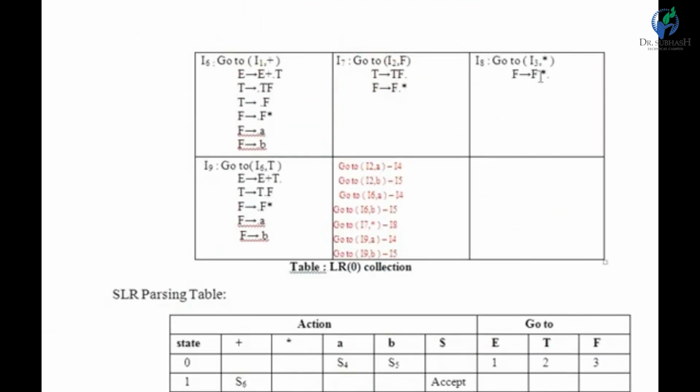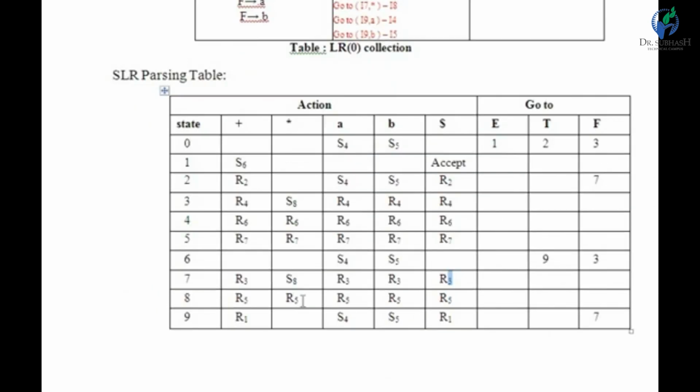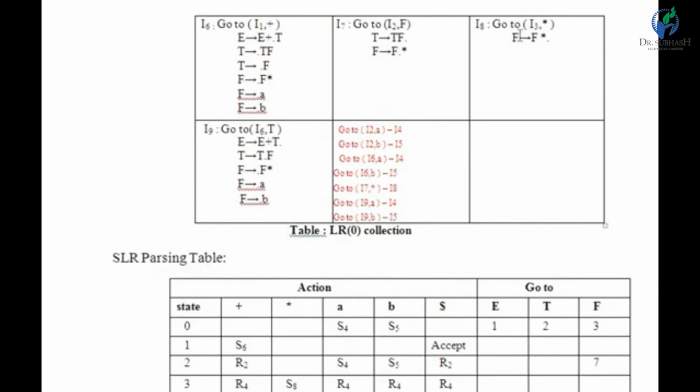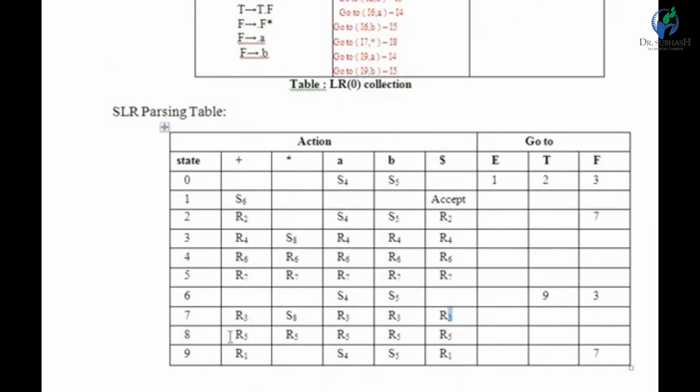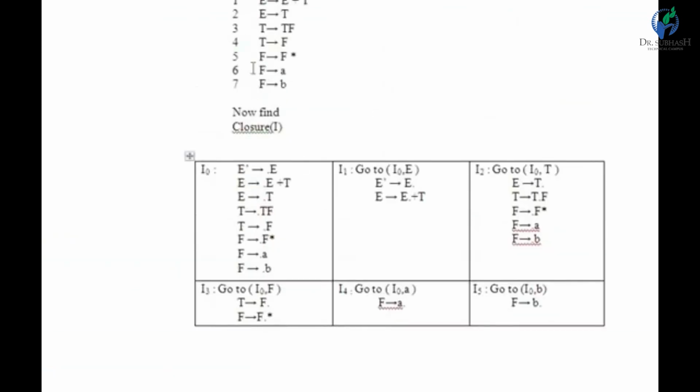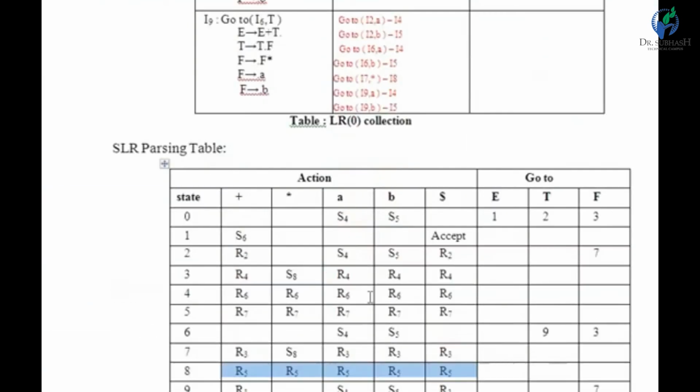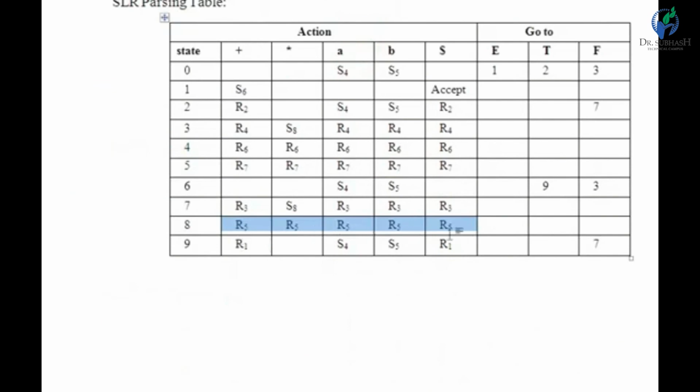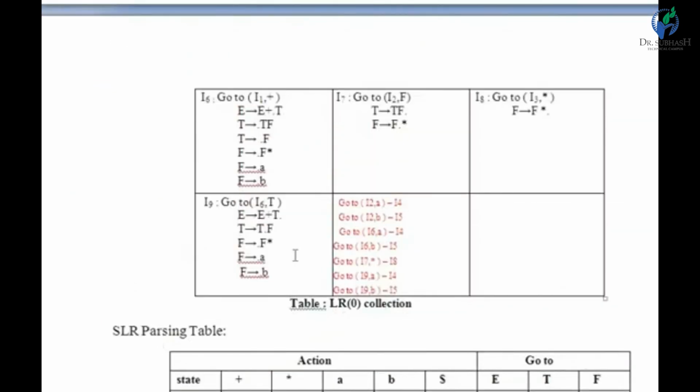Next, F gives F star dot is a complete production at the 8th row. So in the 8th row, find the follow of F, which is plus, star, A, B and dollar. So under plus, star, A, B and dollar, you have to do the reduce entry. F gives F star is at position 5. So R5. Next is E gives E plus T dot at the 9th row.